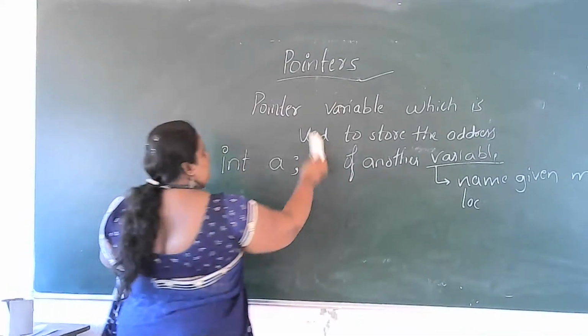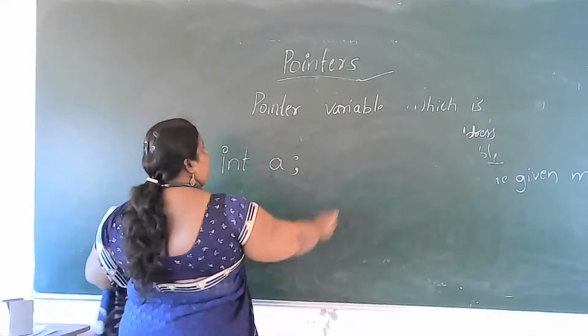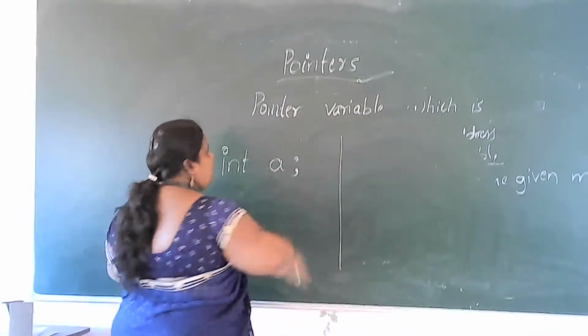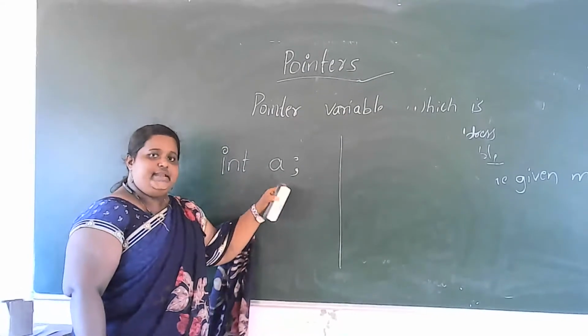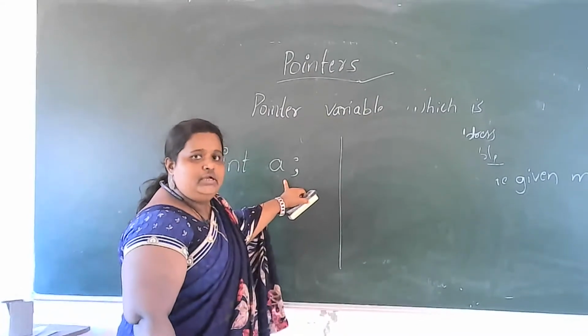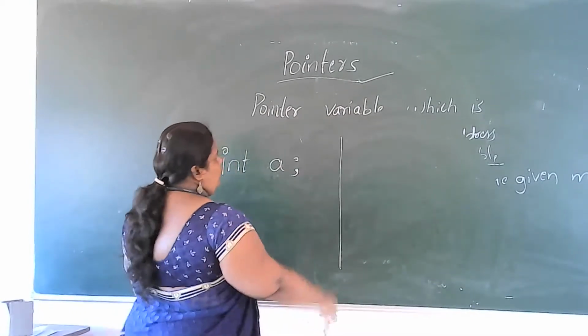What happens here? The memory is allocated for a, right? As soon as the statement is executed, memory is allocated for your variable.